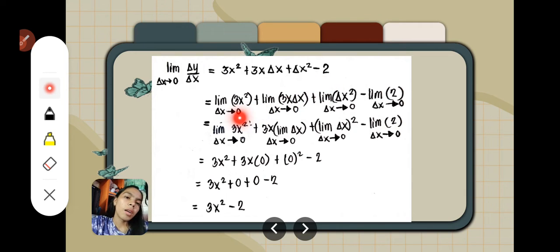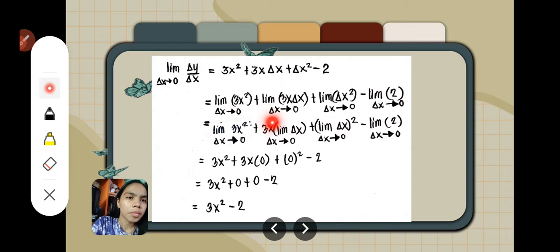From the past module, we learned about limits and the theorems of limits, so we will be applying the theorems of limits.